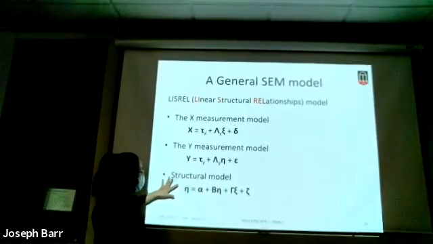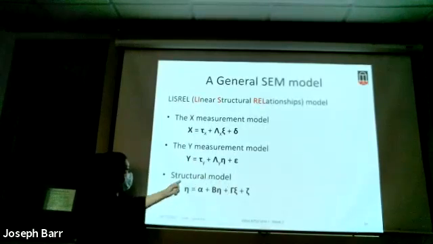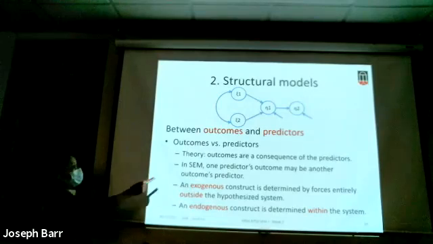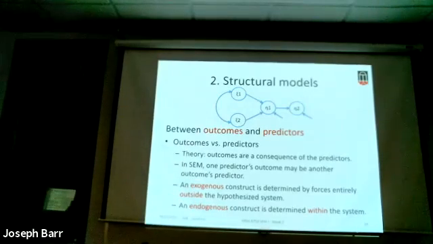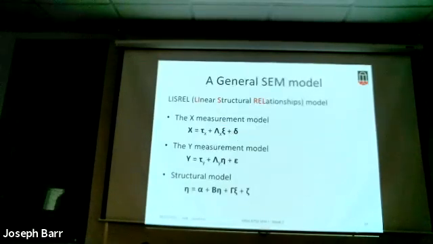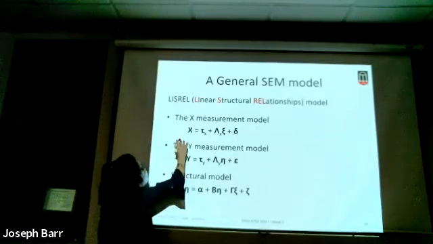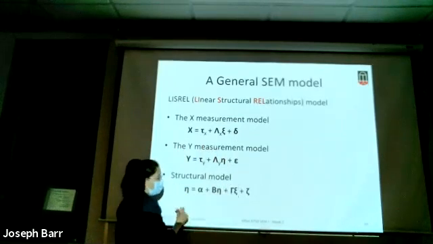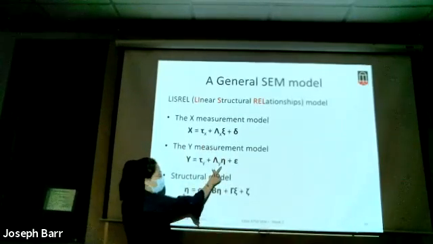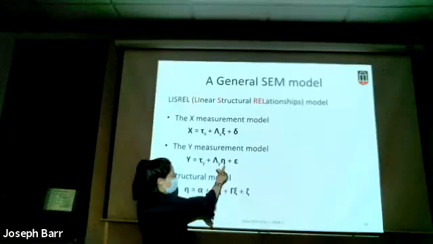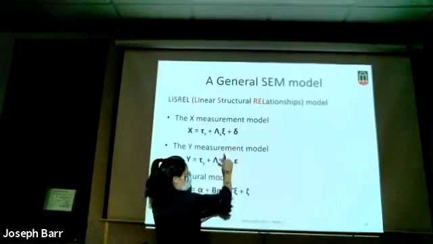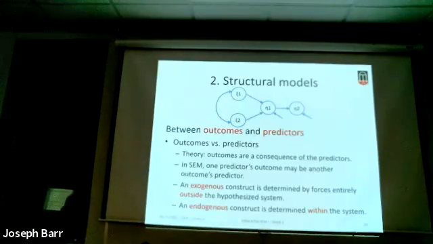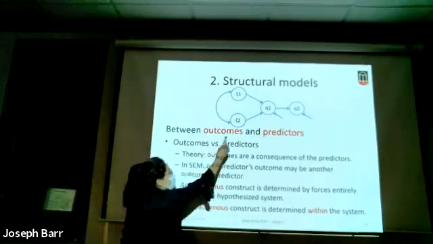Okay? We also have a structural model, like this part. We have the relationship described between the outcome and predictors. In the LISREL expression, we mainly focus on the latent part: latent Y, latent X, because in this example we also have latent variables.